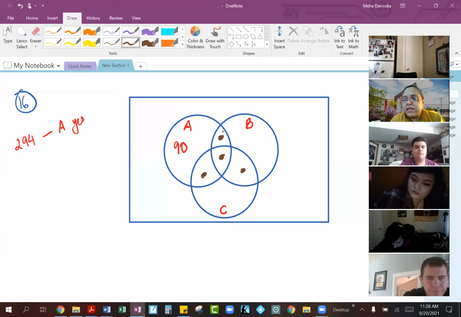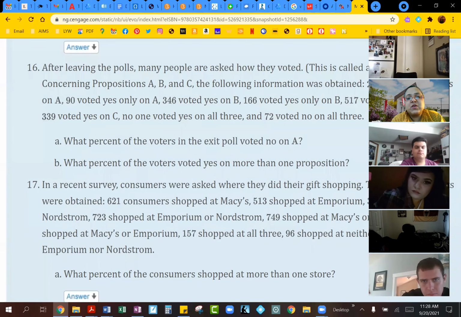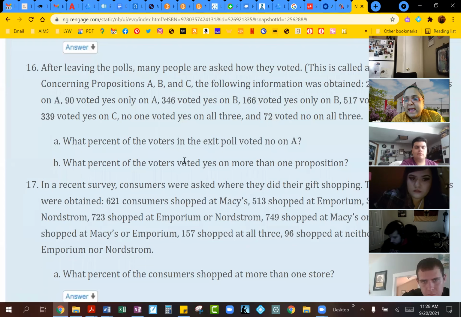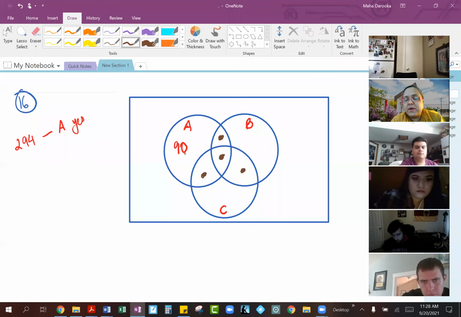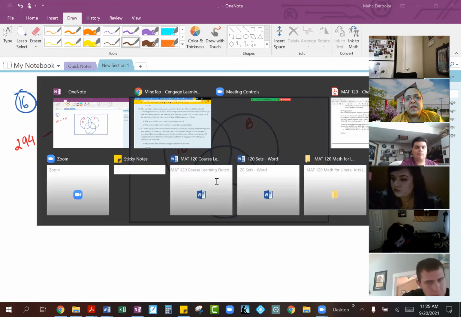So that's kind of what these overlapping sections mean. So when they're telling us 90 people voted yes only on A, that's why the 90 people go in this outside circle and not in any of those overlapping sections, okay?